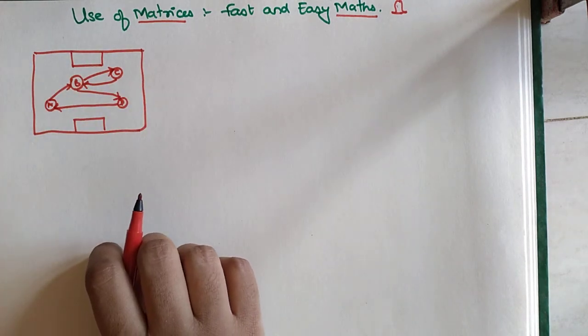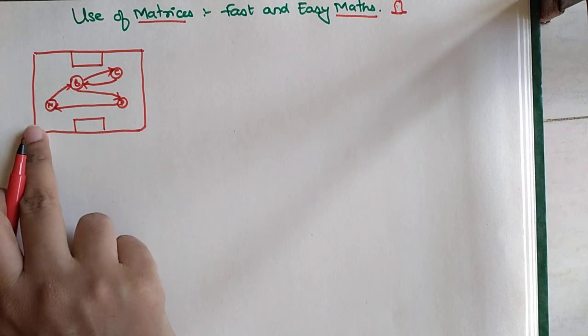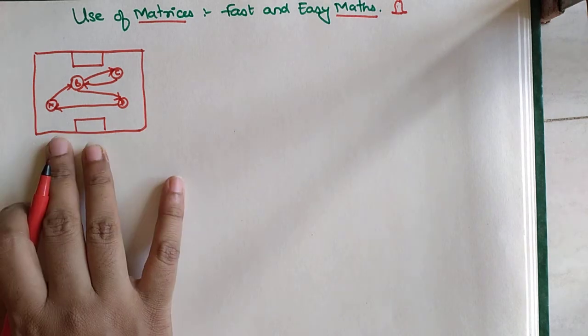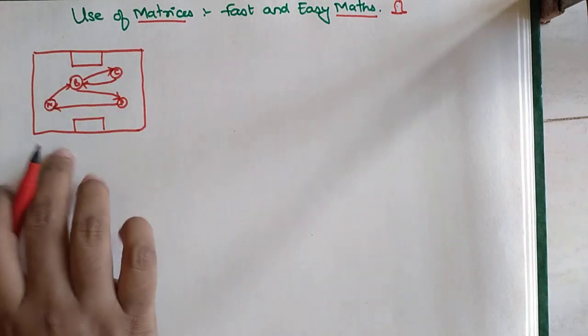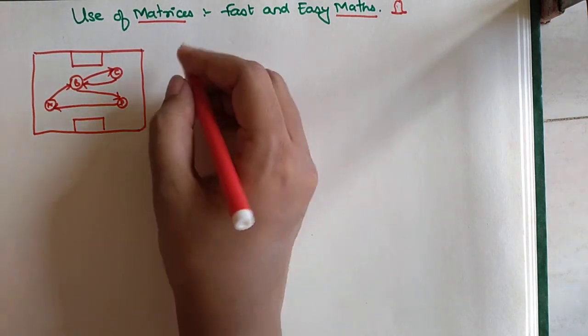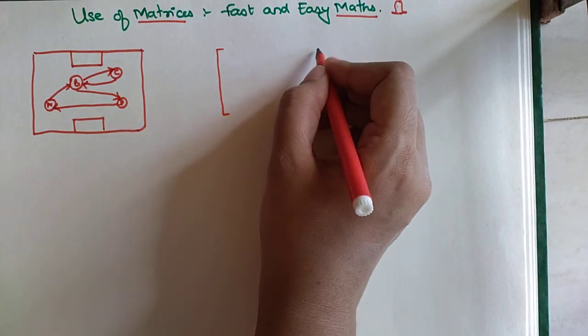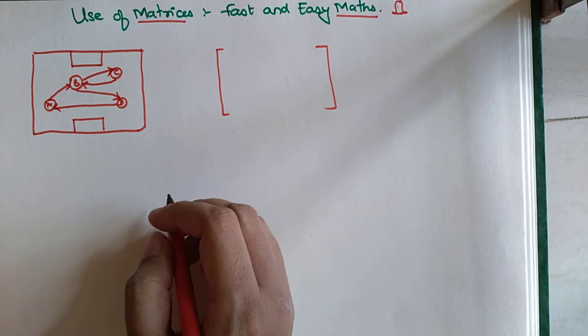But how will you explain this entire detail to a computer? If you want to explain whatever I just explained to a computer, then you will have to use matrices or a matrix.